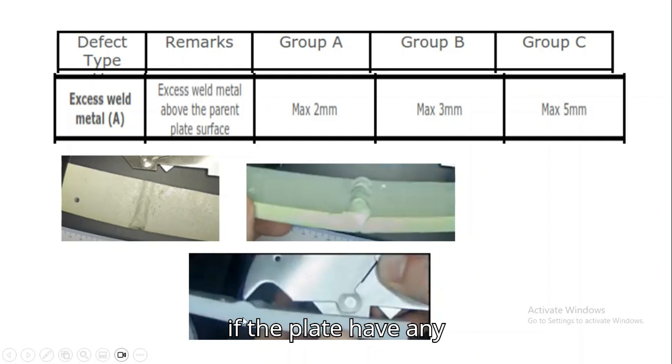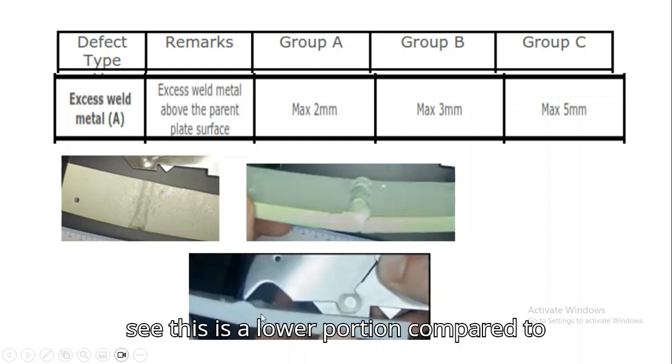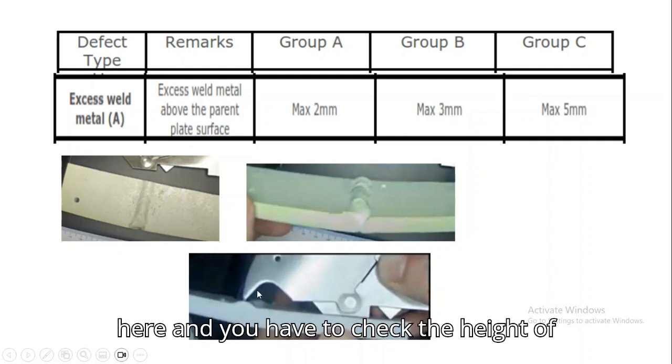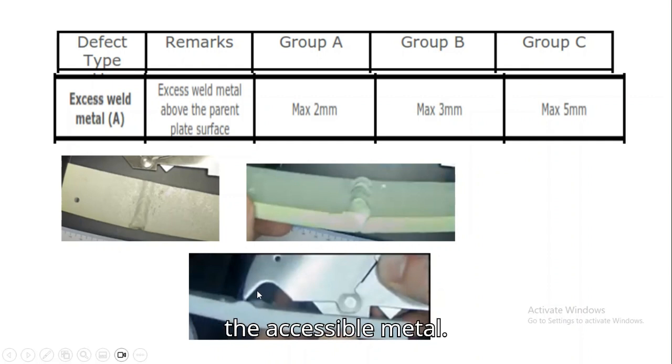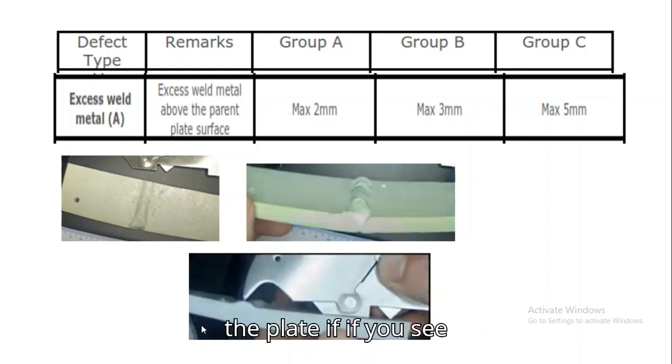If the plate has any distortion, first you have to check where is the lower portion. You can see this is a lower portion compared to this side. So you have to keep it here and check the height of the excess weld metal. Always keep in memory, you have to keep it on the lower side of the plate.